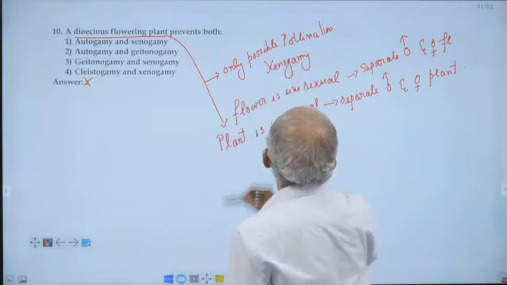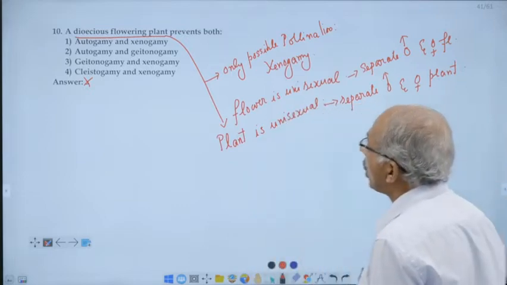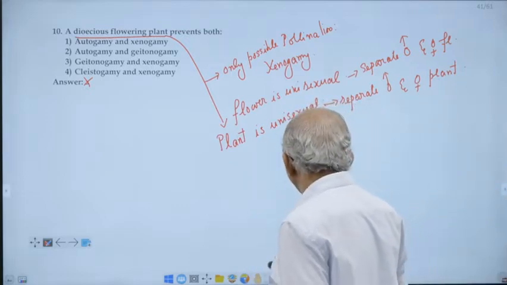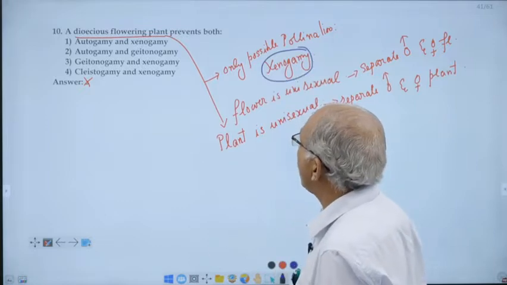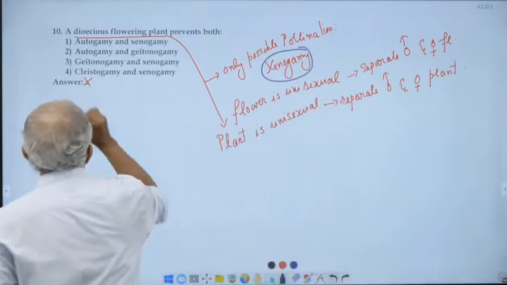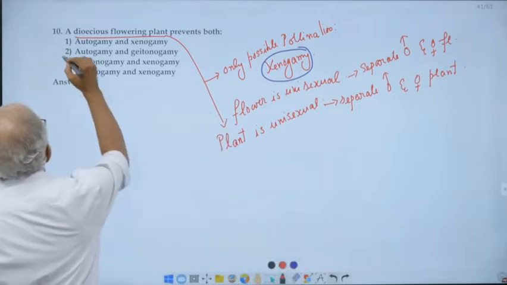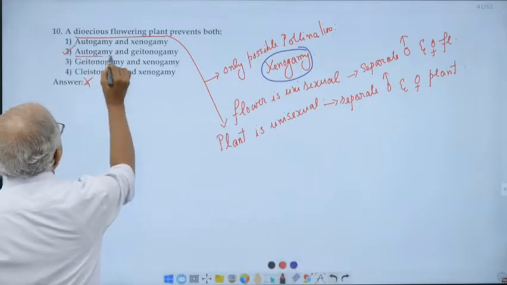The only possible pollination is stenogamy. If the only possible pollination is stenogamy, what are prevented? Answer is A. Autogamy is prevented.